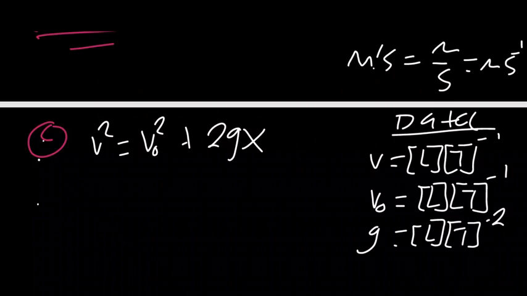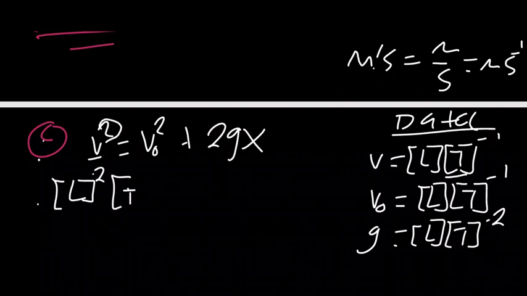So with this in mind, we can now substitute this. So for velocity, we are now distributing this power here, so this will be squared.